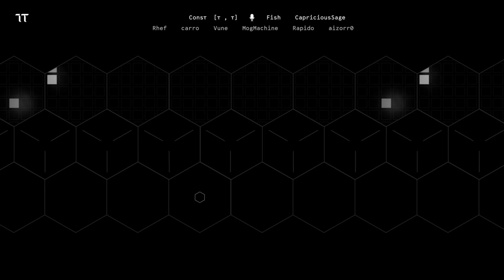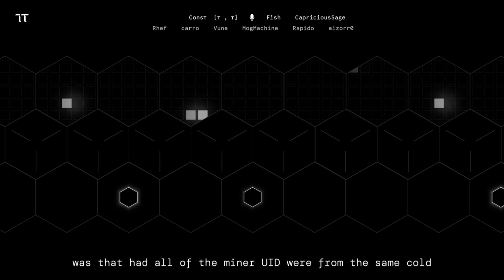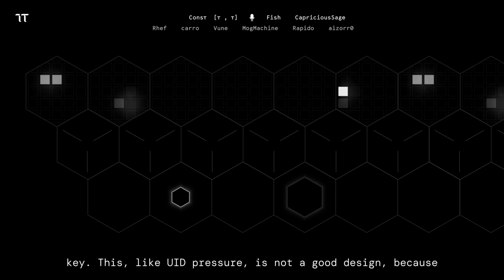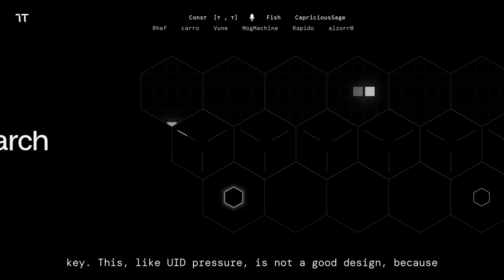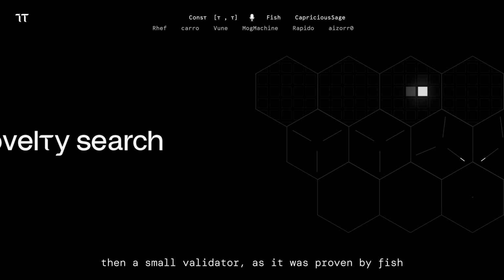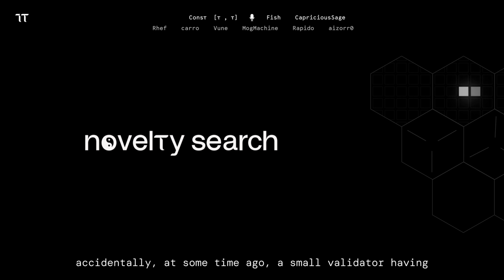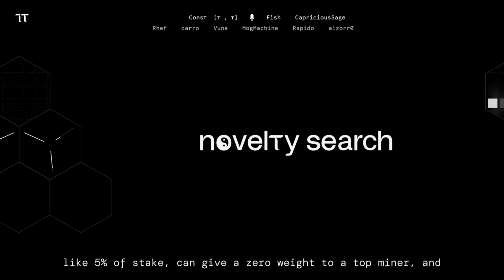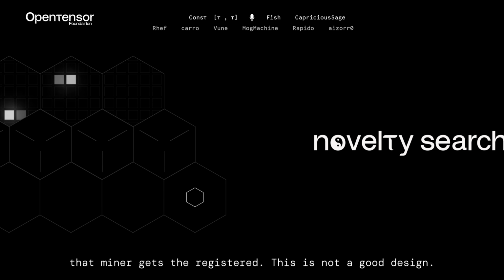There is a subnet, I forgot which one it was, where all of the miner UIDs were from the same cold key. This UID pressure is not a good design, because a small validator, as was proven by Fish accidentally some time ago, having like 5% of stake can give a 0 weight to a top miner, and that miner gets deregistered.